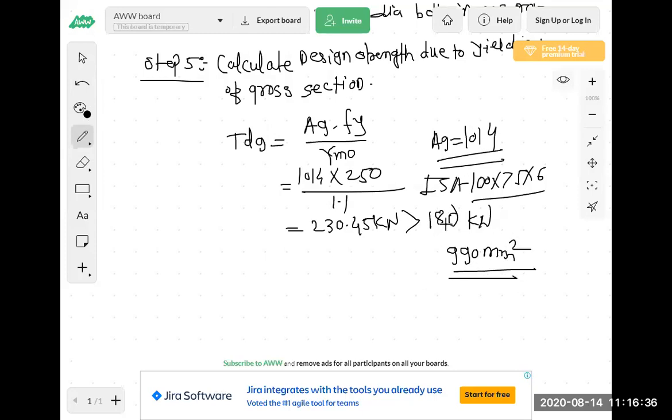But we have increased this area from 990 up to 1014. This is the 100 by 75 by 6 section.